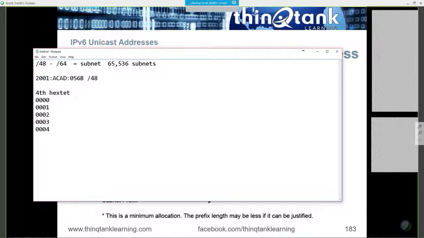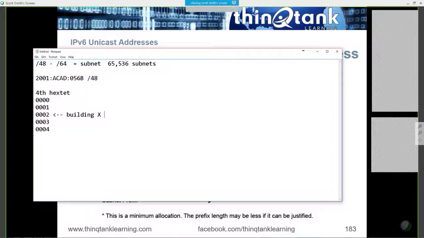So let's say you call Bob and you say, hey, Bob, you're having a network problem. What building are you in? Oh, you're in building X? You're in subnet 2, right? You don't have to worry about the first 48 because every building has the same first 48. You're just going to say, oh, building X is in subnet 2. Make sense?